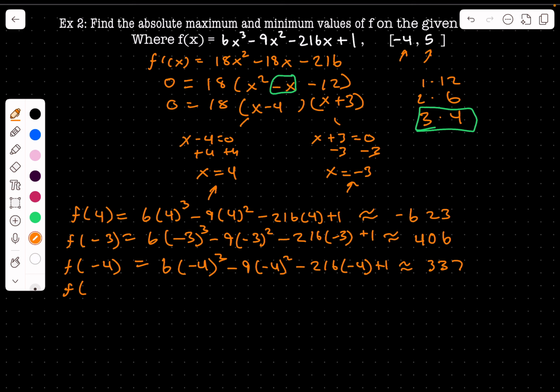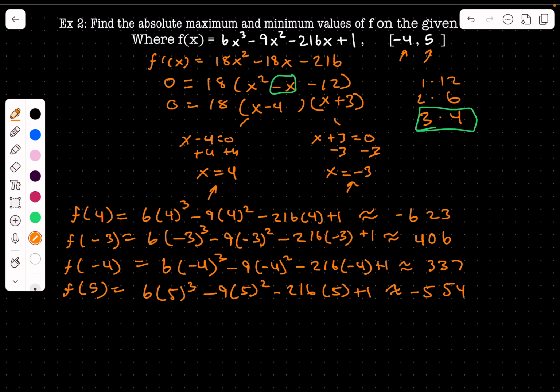We have 5. So 6 times 5 to the third power, minus 9 times 5 to the second power minus 216 times 5 plus 1. Okay. We get -554.